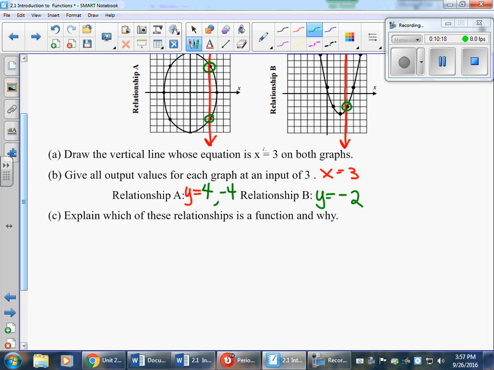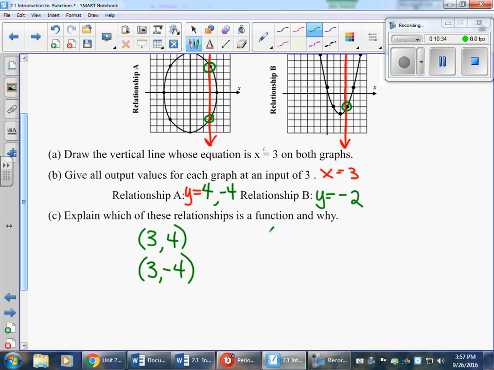If you take a look at relationship A, you can see how we have 3 comma 4, and we also have 3 comma negative 4. So clearly, this cannot be a function since the x repeats for different y's.